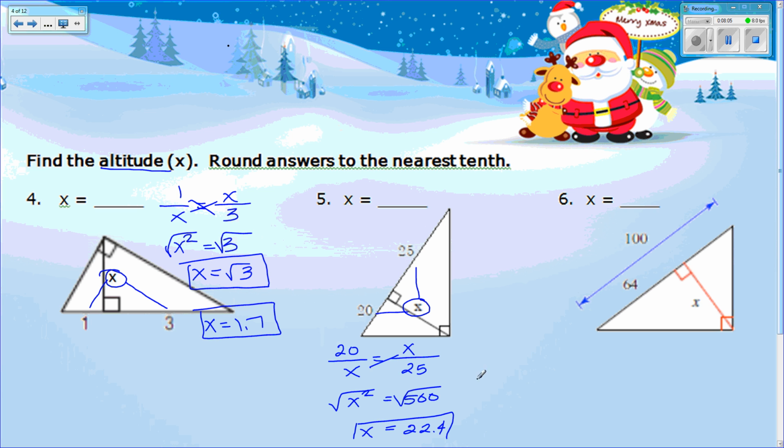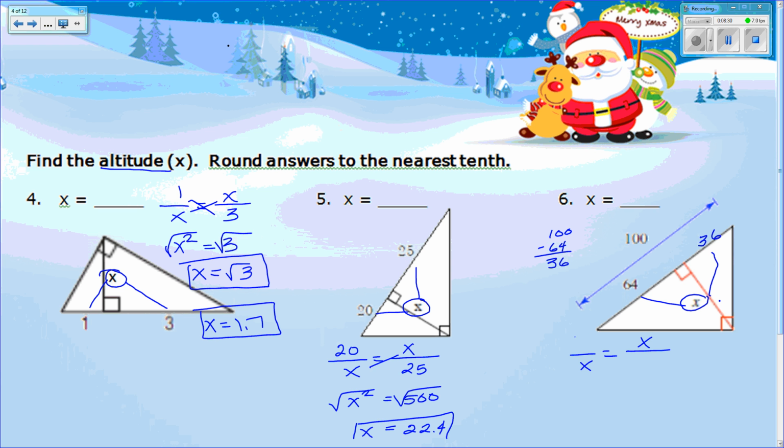Okay, this one, here is your geometric mean. It pairs with this side and this side, but I don't know this piece. However, I know the whole thing, so I can take 100 and subtract the 64, and it gives me 36. So that piece is 36. So when I set up my proportion, X is the geometric mean.